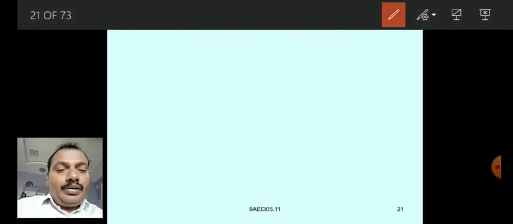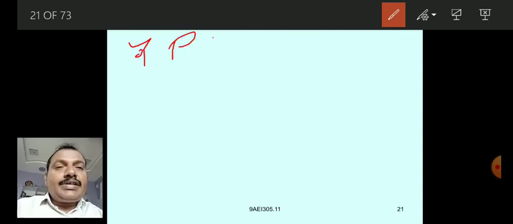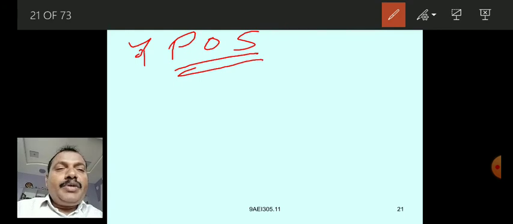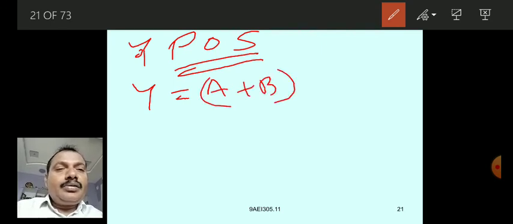So let me tell the POS form. For the POS form, you have to identify the outputs where max terms are zeros. POS also in two ways you can write. Y equals (A plus B) and (A bar plus B bar).